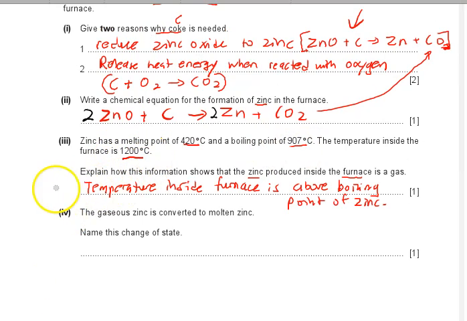So this is my proposed answer. Temperature inside the furnace is above the boiling point of zinc. Okay, the gaseous zinc is converted into molten zinc. Name this change of state. So this is a gas and this is a liquid. So it should be condensation.